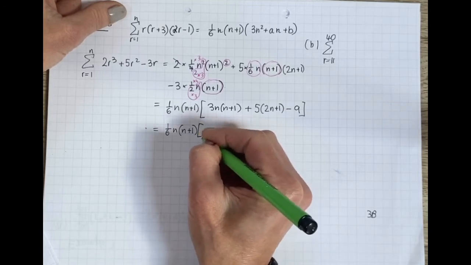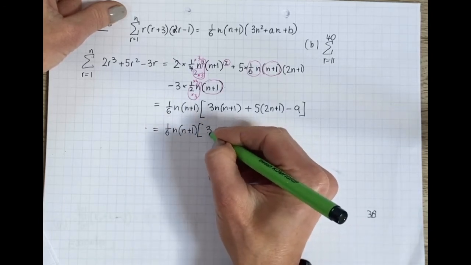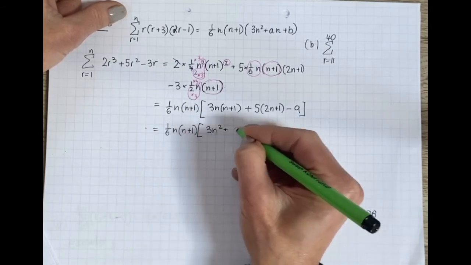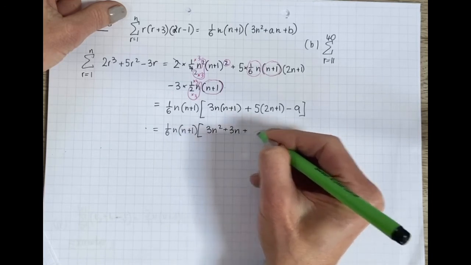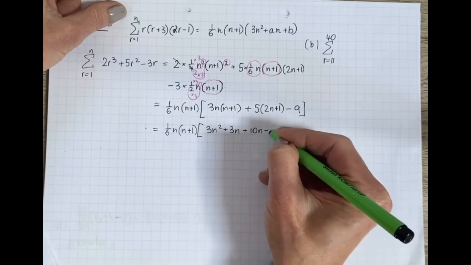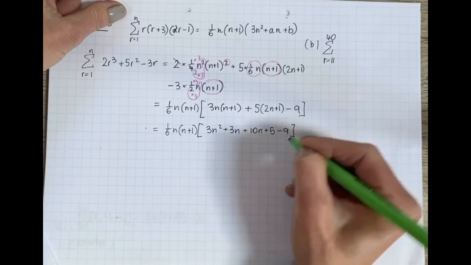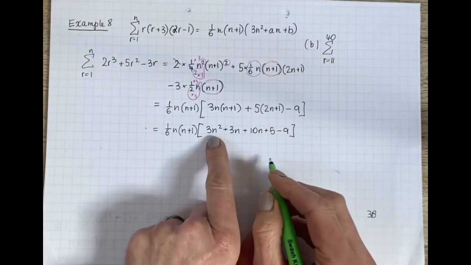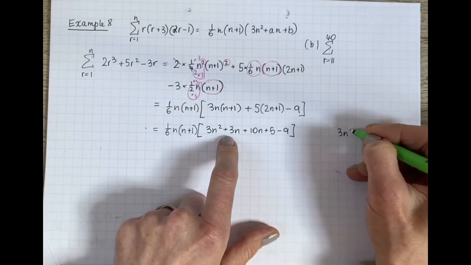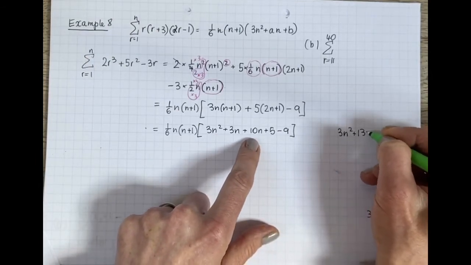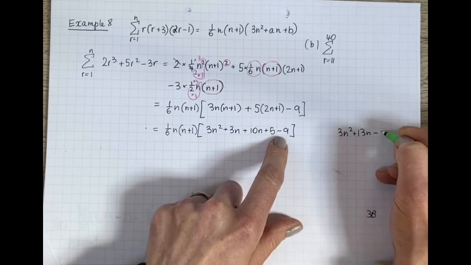This big bracket over here needs to be tidied up, so expand the terms inside and then collect them together and factorize whatever you obtain. So let's just do it on the side. 3n squared plus 13n minus 4.